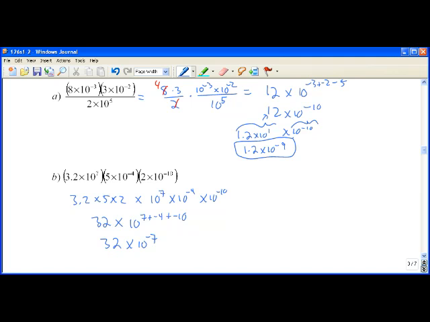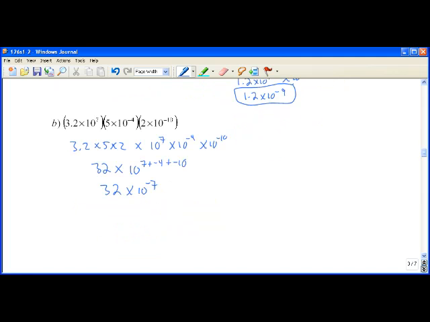Now, is that answer in scientific notation? No, you're right. That's 32. So we have to make that like 3.2 times 10 to the 1. So that's how we'd write 32 in scientific notation.